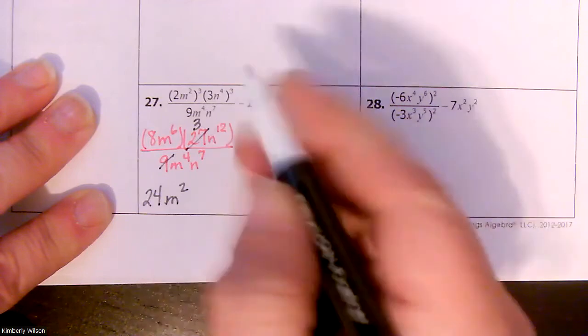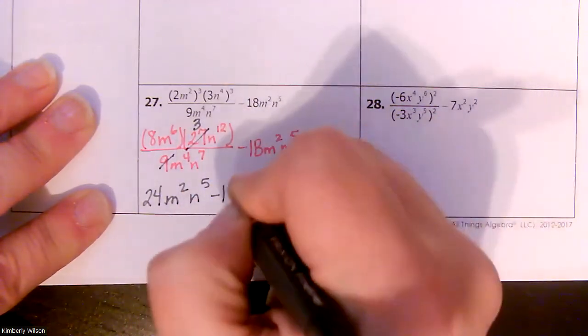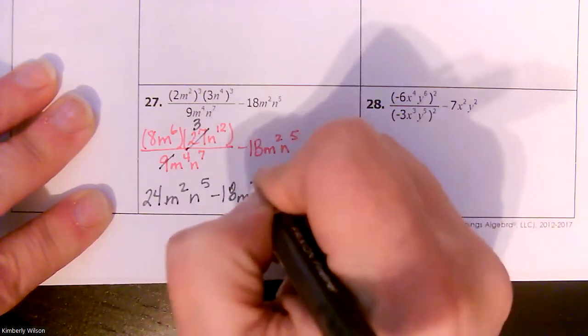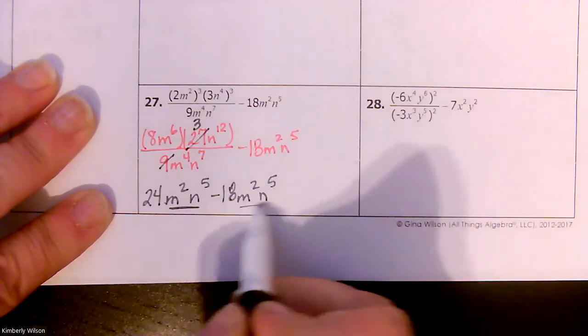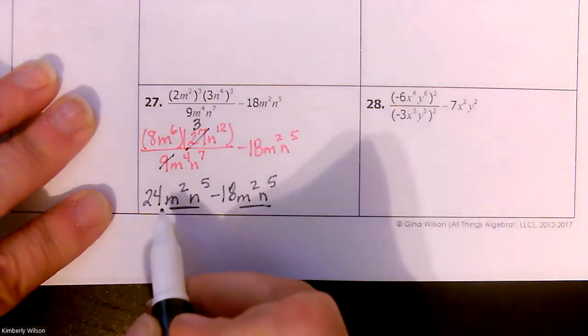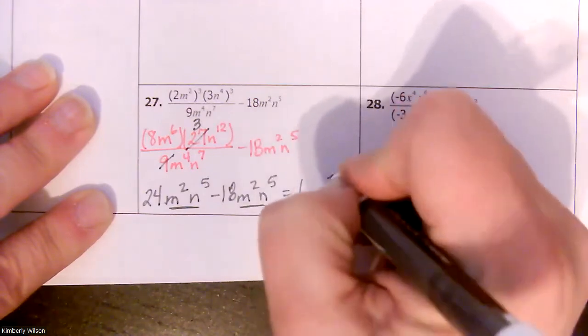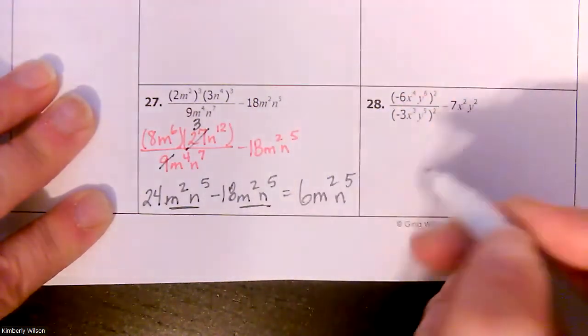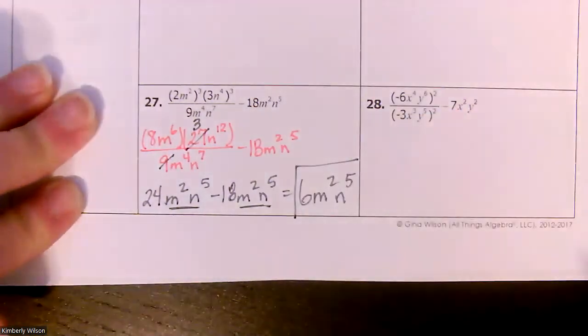And 12 minus 7, so that's going to be n to the 5th, minus 18 m squared n to the 5th. Oh, we have the same variable scenarios. So that means I can actually do 24 minus 18, which gives me 6 m squared n to the 5th. And that is my final answer.